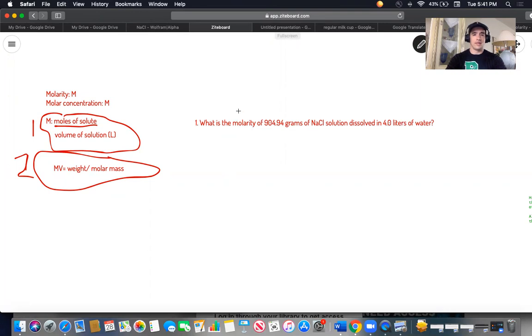So let's go ahead and put M here because we're trying to solve for molarity. It gives us volume, V, and it also gives us weight. So we're probably going to use equation 2 for this one because we're trying to solve for molarity and they give us weight and volume. And we can look at molar mass on our own. So let's go ahead and write it out. So M times V, which is 4 point.